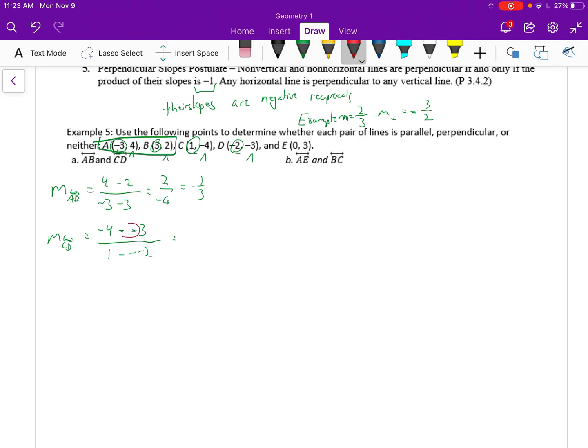We know that these become a plus. Oops, I got a little carried away here with my negatives. This was supposed to be minus negative 2, so this becomes a plus. This is negative 1 over 3. Well, they are the same, so line AB, since they have the same slope, is parallel to line CD.